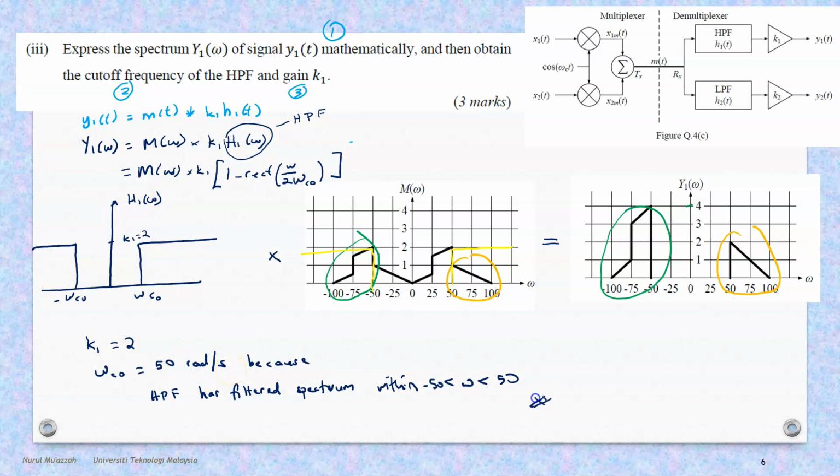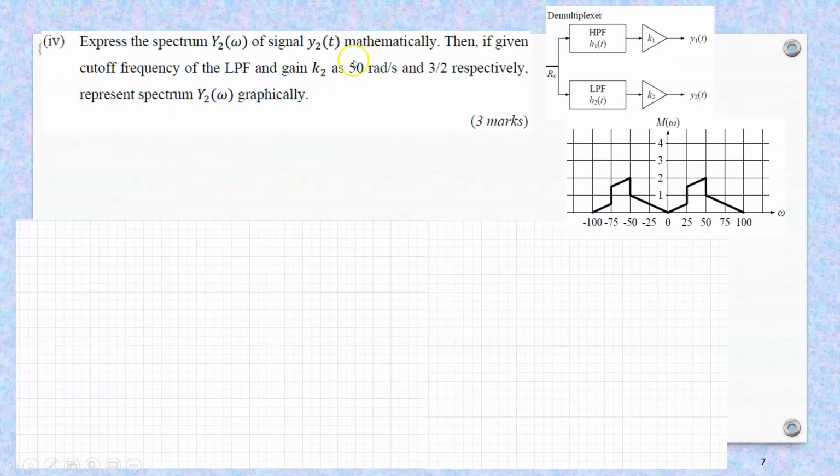So now we have answered questions 1 and 2, and from the same question, this is question 4. Finally, express the spectrum Y2 omega of signal y2 mathematically. Again, we have to express y2(t) in terms of Fourier transform.